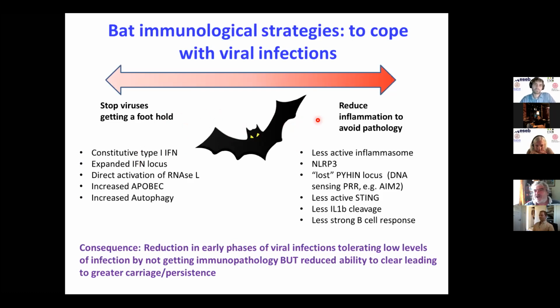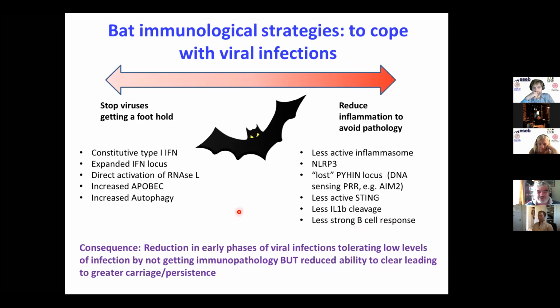But at the same time, they reduce inflammation. And this is where the pattern recognition receptors seem to be involved. There's a less active inflammasome, less activity in NLRP3. They don't seem to have the PYHIN locus, which includes one of the pattern recognition receptors, AIM2, and they have less active STING. And that reduces pathology, but it also reduces adaptive immune responses as well.